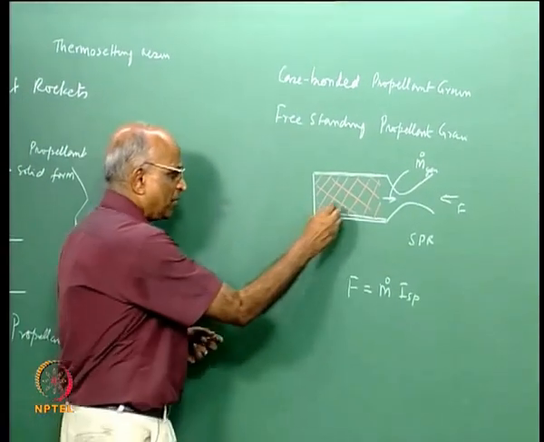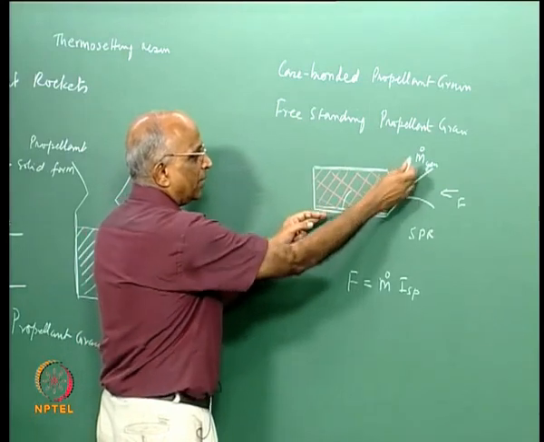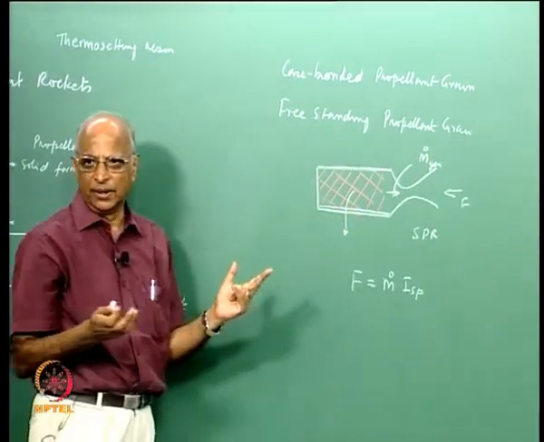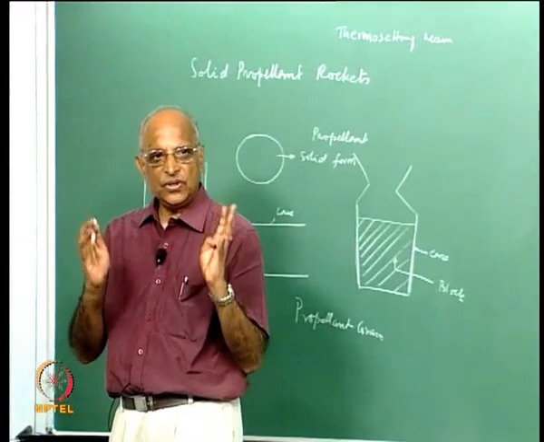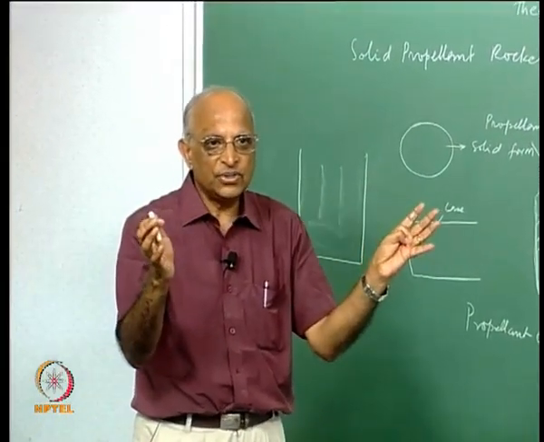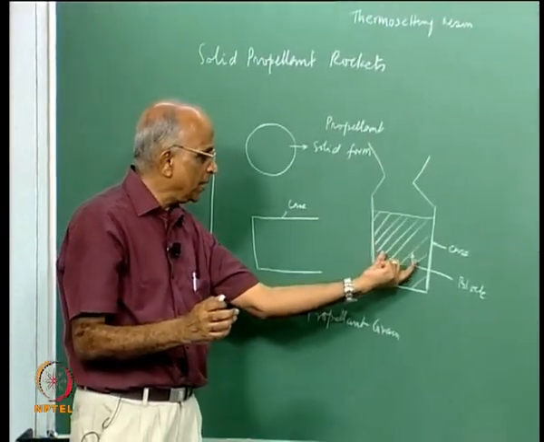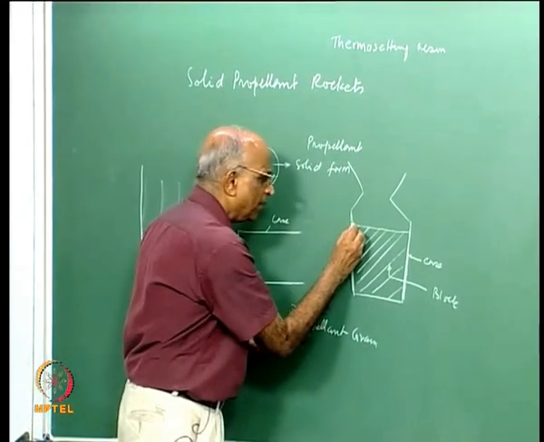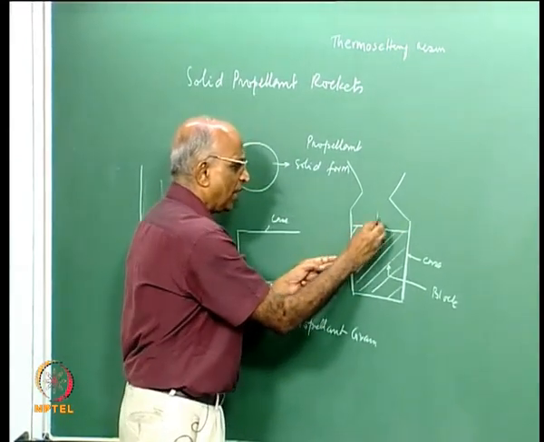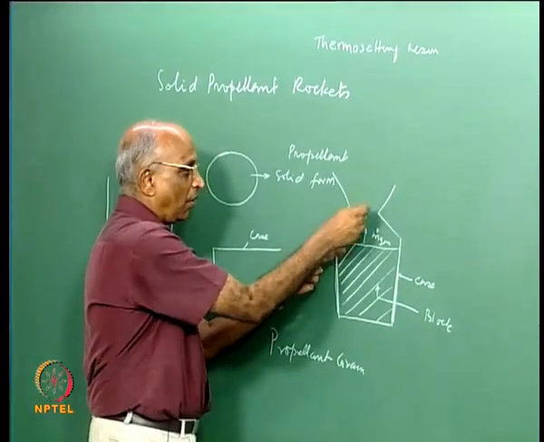Therefore, we are interested in finding the burn rate, the rate at which it will burn, the rate at which mass gets generated from a grain. Is it clear? We must differentiate between a propellant block, that is a hard propellant which is got after curing, and a propellant grain, which is a particular grain which gives me a given area through which I generate m dot, generated hot gases.